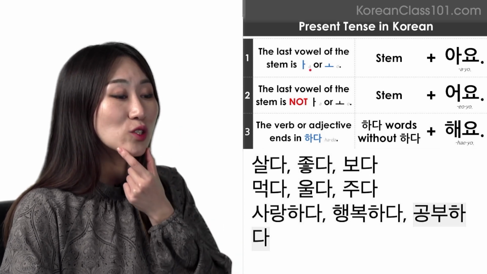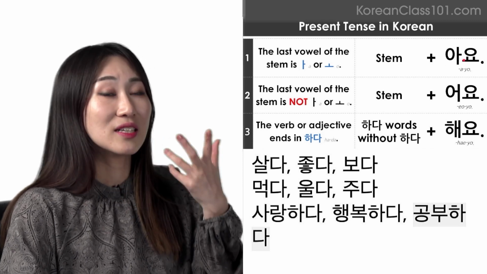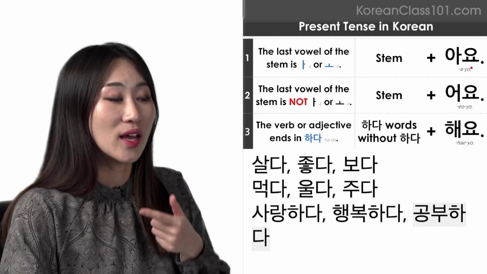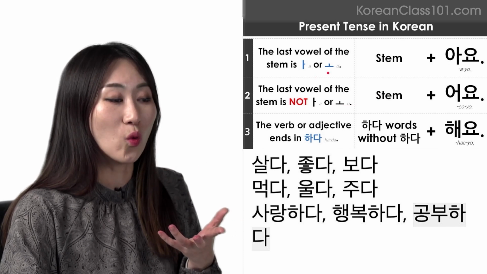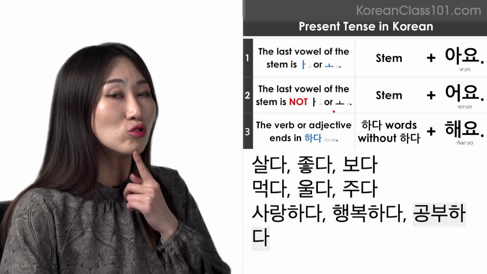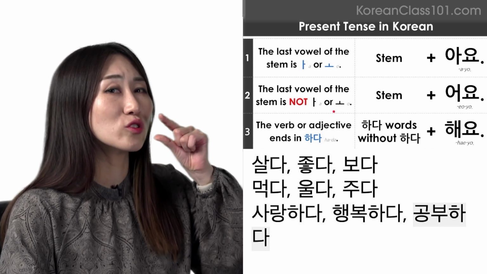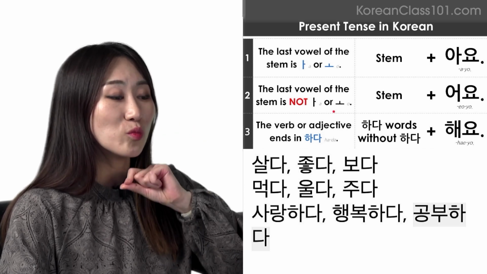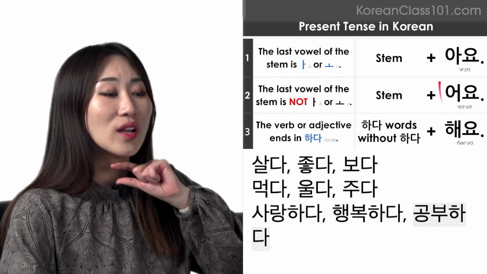That's why when you pronounce 아요, naturally, it sounds like 아요. And when you pronounce vowels other than 아 or 오, such as 우, 이, your jaw is not so much opened. That's why when you pronounce 어요, naturally, it sounds more like 어요.